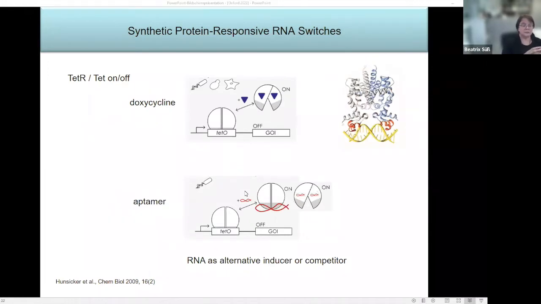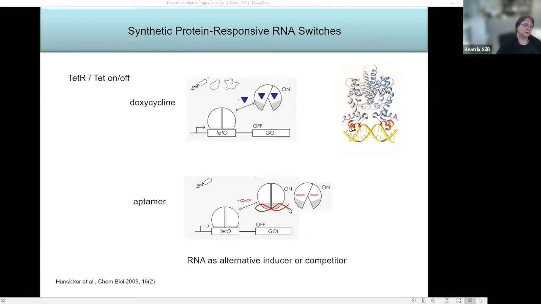You can think of an aptamer as an alternative inducer, shown here on the right side, where the aptamer goes into the tetracycline binding pocket and leads to the conformational changes in the protein that are normally triggered by tetracycline.